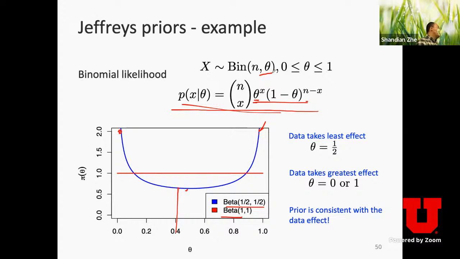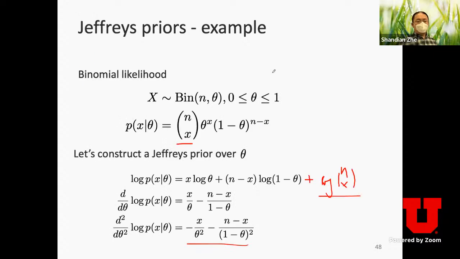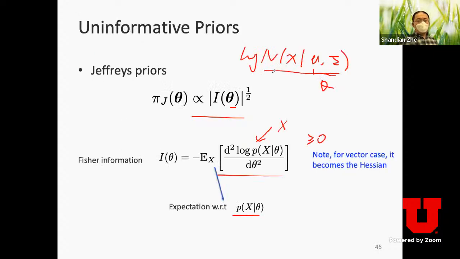I have a question about the philosophy behind the definition of the Jeffreys prior. Could you get back to the definition? I can understand that the Fisher information is somehow information about theta.